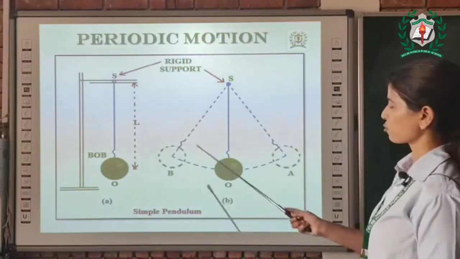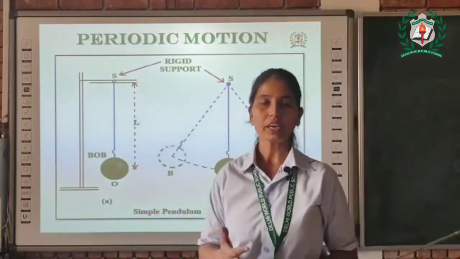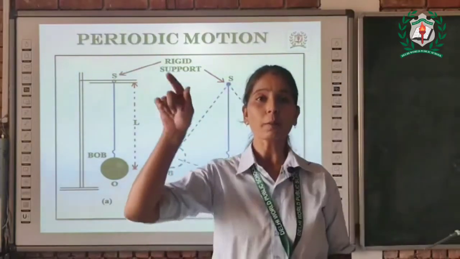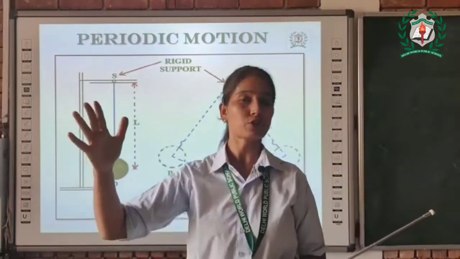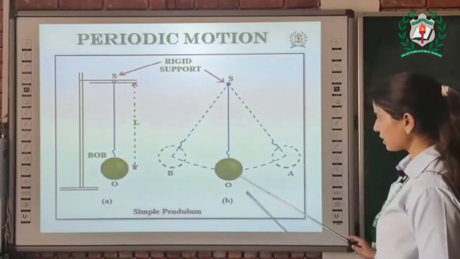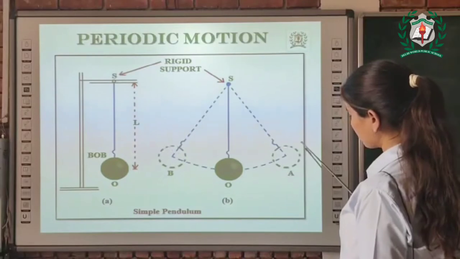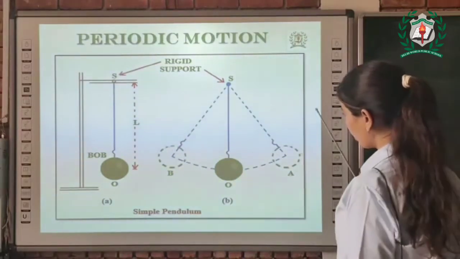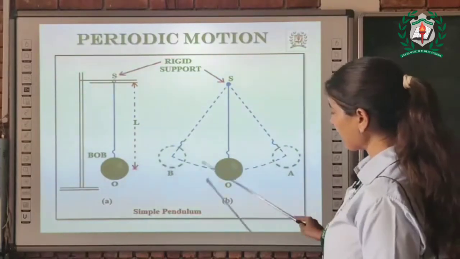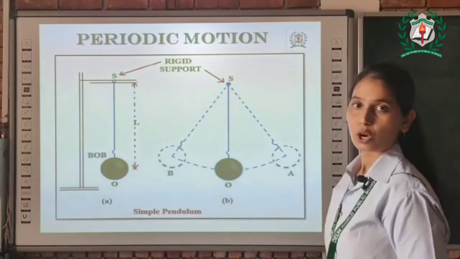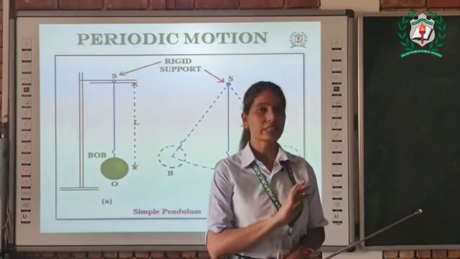The bob moves from the center to its extreme position on the other side. This is the center and this is the extreme position, and this position is known as rest. This is oscillatory motion.